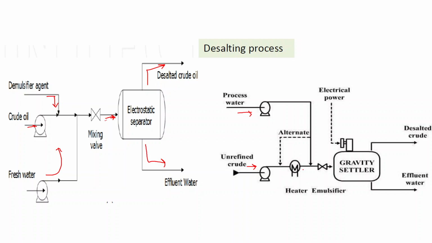So here crude oil is heated prior to entry into the reactor, and here mixing takes place, and by the gravity settler, the droplets of brine settle down, and here we take out the effluent water with salt, and this is the desalted crude.